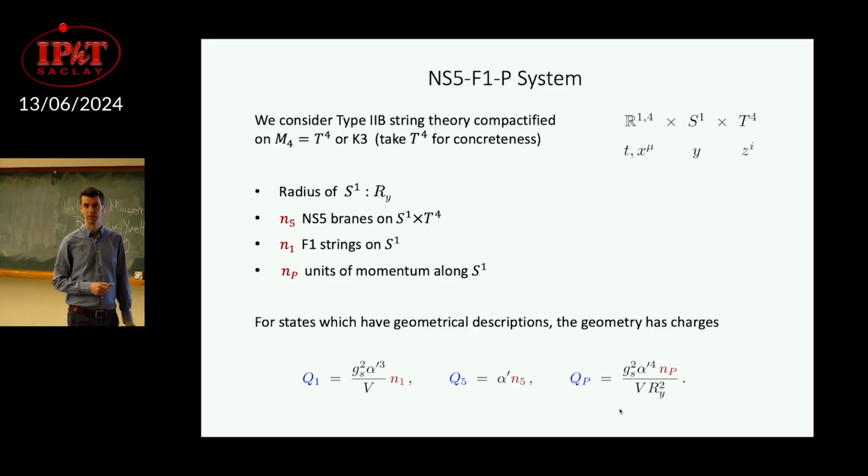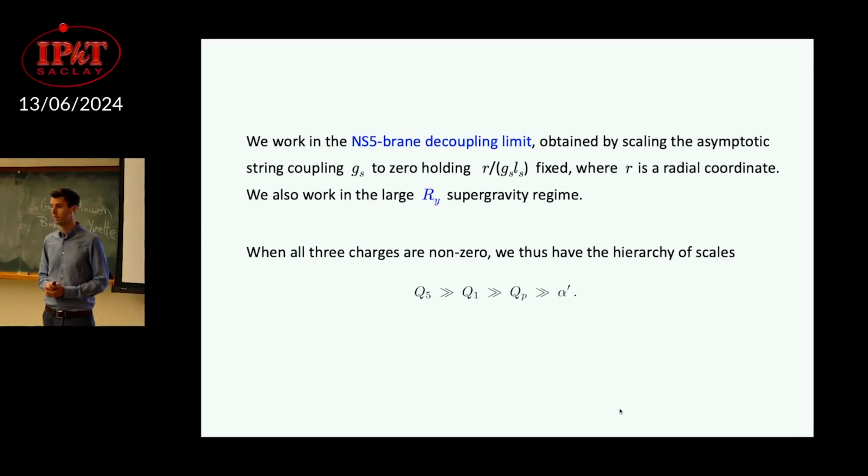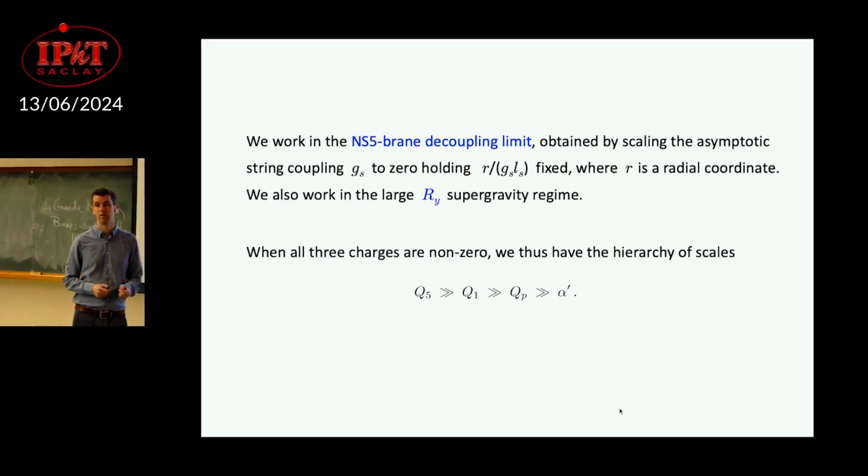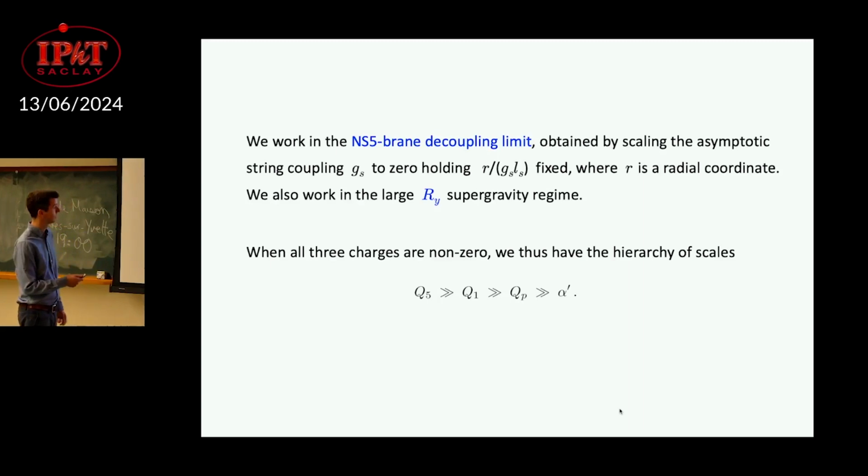And when we have a geometrical description of such bound states, we have supergravity charges proportional to the integer numbers of branes and other quanta. I'll be working again in the NS5 decoupling limit that Emil already mentioned, which is obtained by scaling the asymptotic string coupling to 0, holding fixed a combination of length scales in string units divided by g_string.